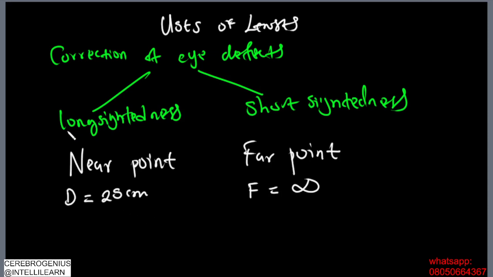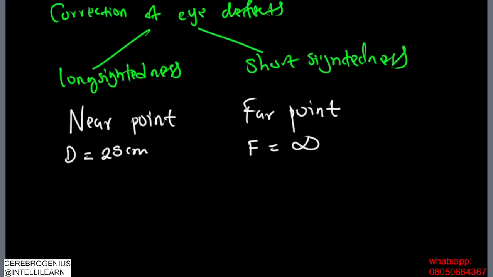Now, people that are long-sighted or short-sighted have a problem of either near point or far point. So that means that instead of their far point to be at the normal distance of infinity, the far point has reduced, and instead of the near point to be at normal distance of 25 centimeter, the near point has increased.